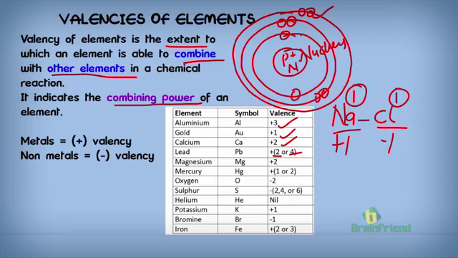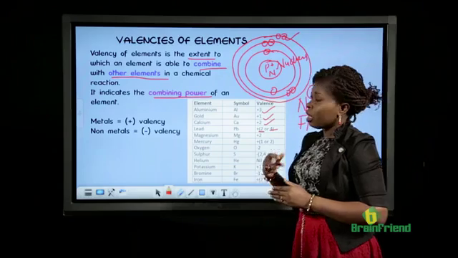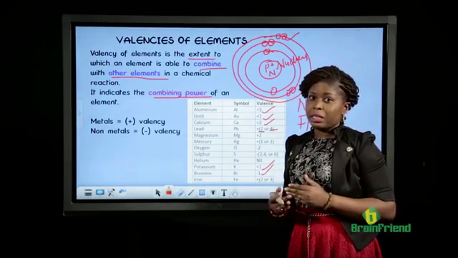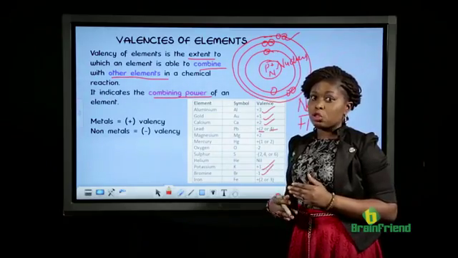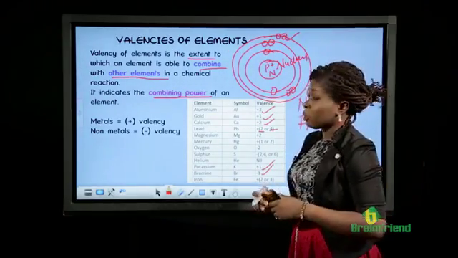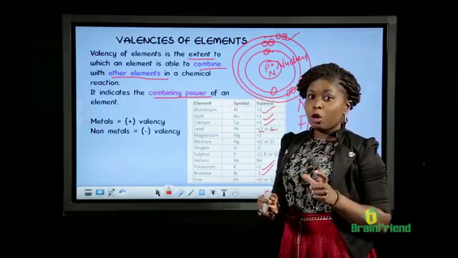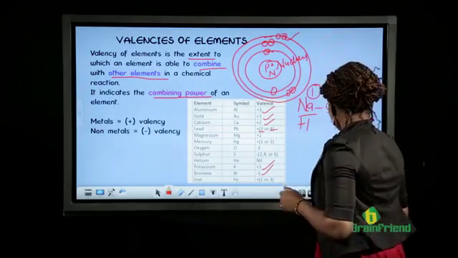We can go on and talk about the valency of different elements, because elements are constantly combining with others. Most of them are not even found in their pure states naturally. They are always combining with other elements, and this is why it's important for us to treat the valency of elements, because it is the combining power of elements.